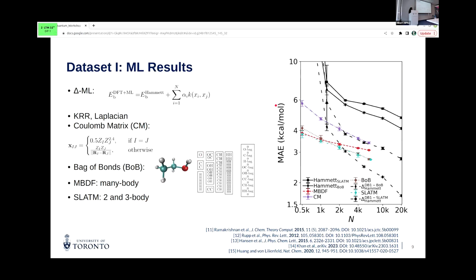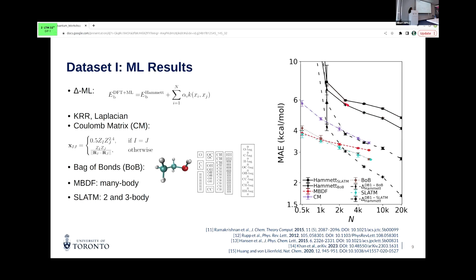So remember at first when I said 7K are from DFT? So we used those representations to train on the DFT data, and we noticed that SLATM and BoB work best. That's why we used SLATM and BoB to predict 18K out of sample data, and that's how we reached 25K training points for Hammett.